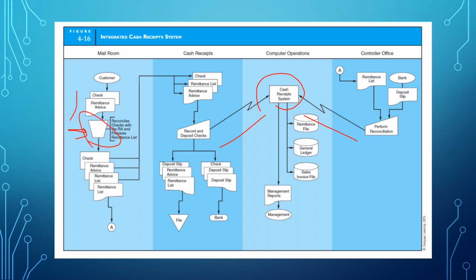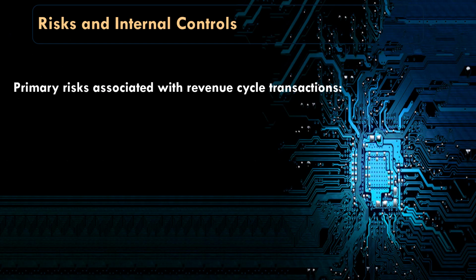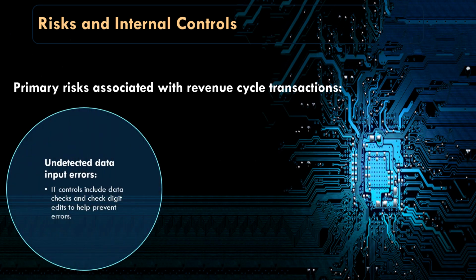Okay, let us now discuss the risk and control system, or internal control system. There are three main primary risks associated with the revenue cycle. First is undetected data input errors, where IT controls, including data checks and check digit edits, help prevent errors, which we explained in detail in last week's topic.